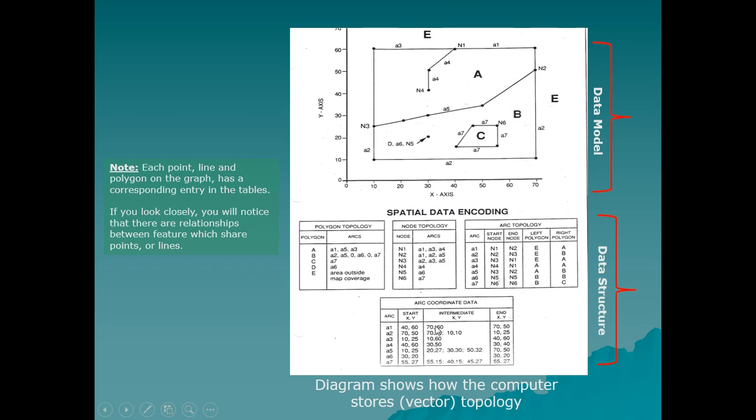It tells us we have an intermediate coordinate at 70x and 60y. That's our intermediate. And our end coordinate, note, 70x and 50y. So that's how this data is organized in the computer. But remember what I said, typically you would not actually see that when you're interacting with the data.